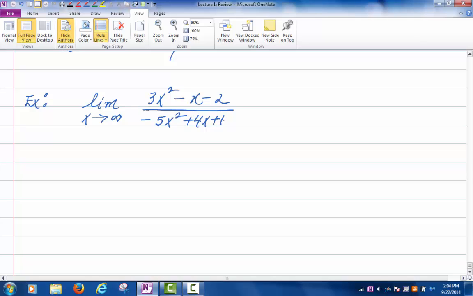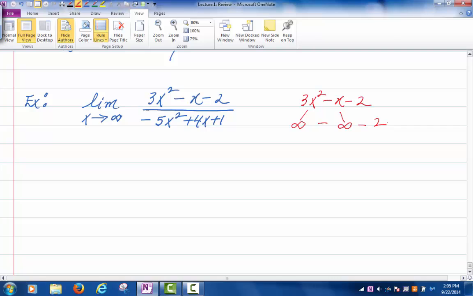So let's first look at what's happening to the numerator and the denominator separately. If I look at the numerator, 3x squared minus x minus 2, what is happening to this polynomial as x goes to infinity? Notice that as x goes to infinity, the first term goes to infinity, the second term goes to infinity as well, and the third term goes to 2, right?